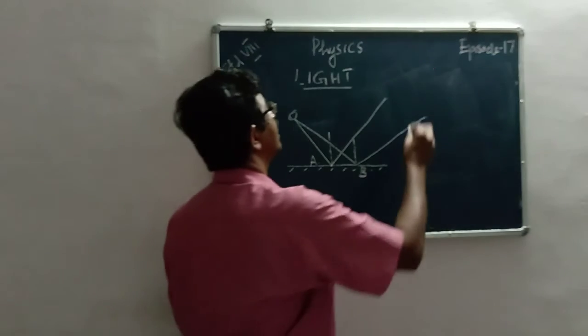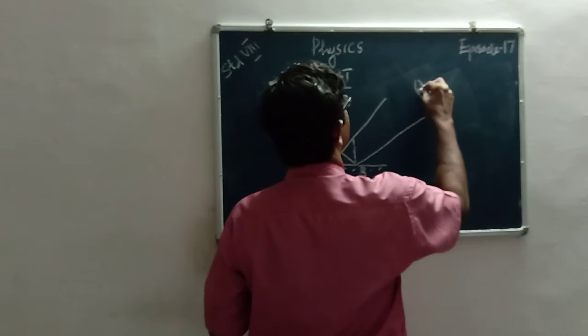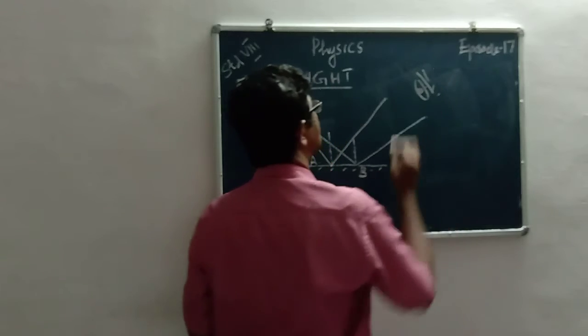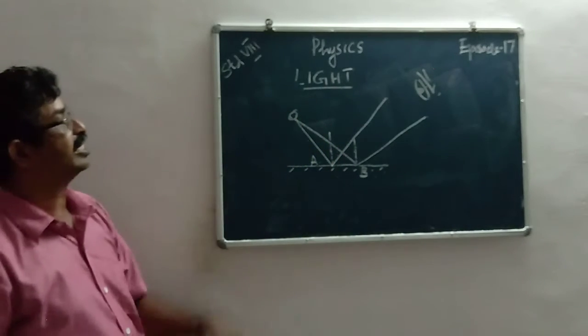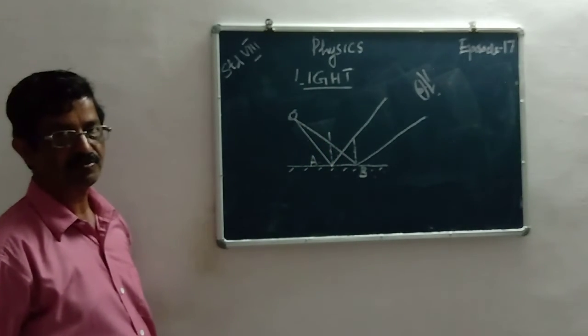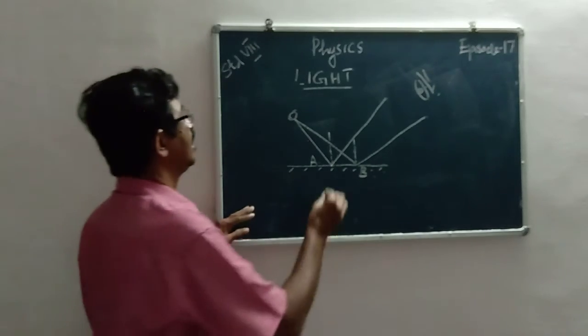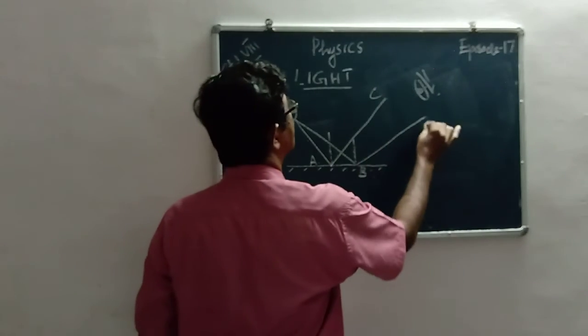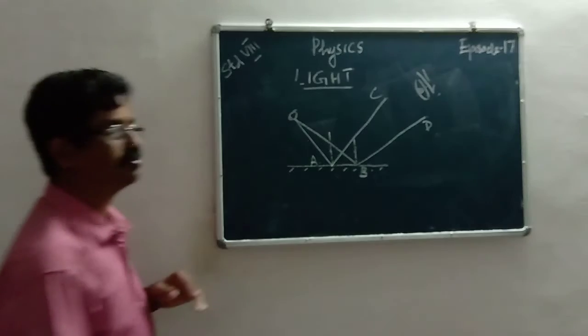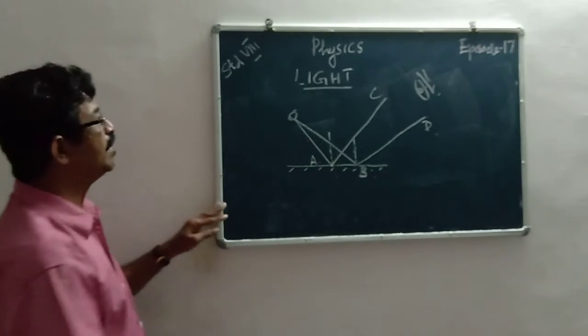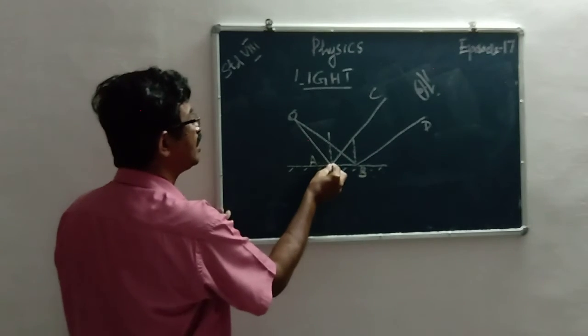Let me say, here is our eye, which is seeing these light rays coming. Let the reflected rays be AC and BD. Now we extend these light rays backward.